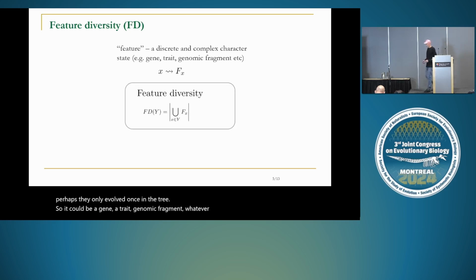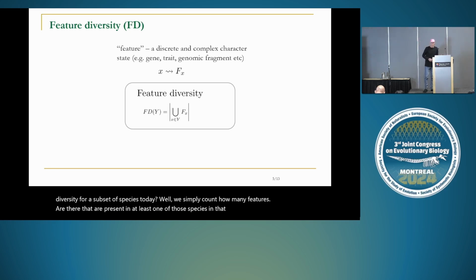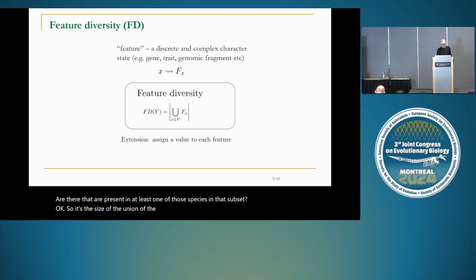So how do we define feature diversity for a subset of species today? Well, we simply count how many features are present in at least one of the species in that subset. So it's the size of the union of those feature sets. You could assign each feature a value, and instead of defining it this way, you could take a sum.